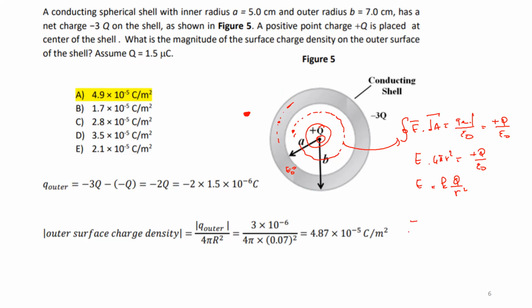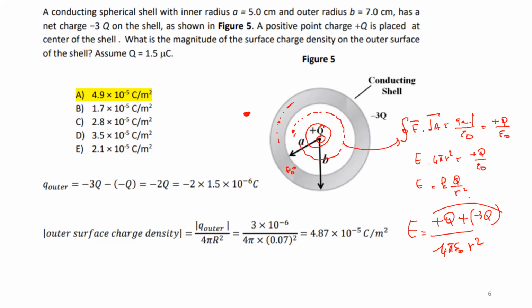And you will see that E outside, if I apply Gauss's law, will be divided by 4 pi epsilon naught r squared. And here it will be the charge enclosed. But what is the charge enclosed? It will be plus Q, but also minus 3Q.